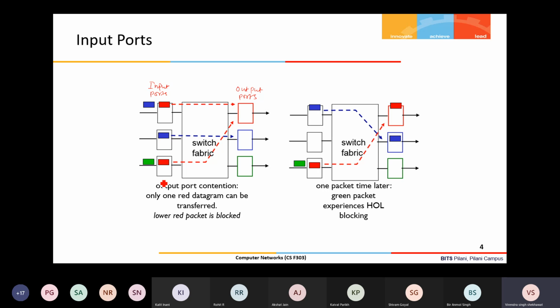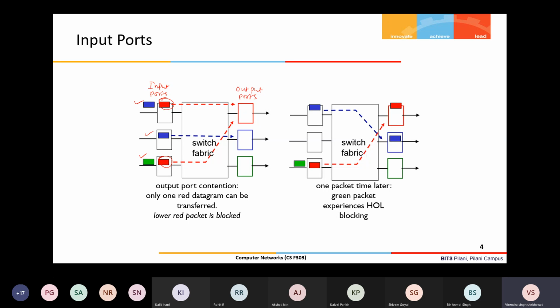Now in this case, three input ports and three output ports are there. Let us say there are two packets in the first input port, one packet in the second, and two packets in the third. After processing, it extracts the destination IP address, as you know, consults the forwarding table, and finds that the destination output port for the packets from the first input port and the third input port is the same.